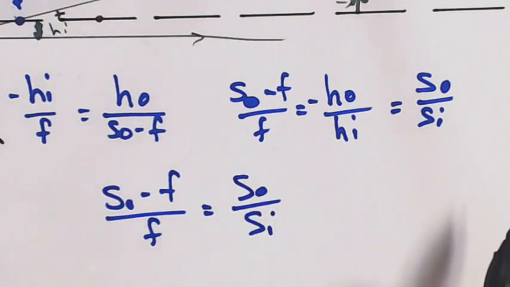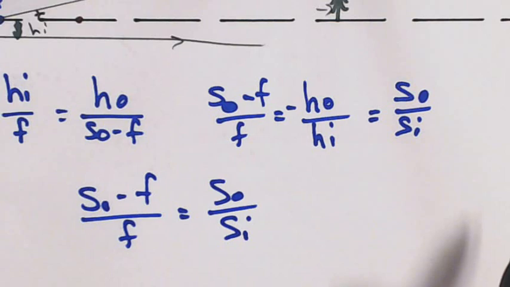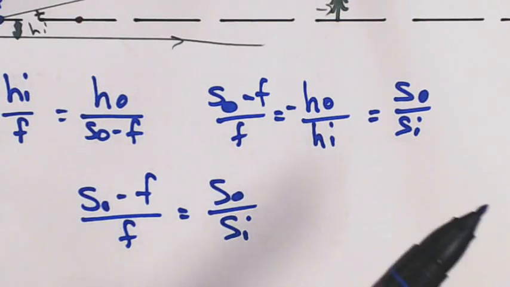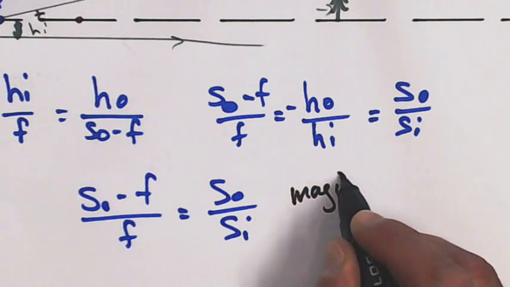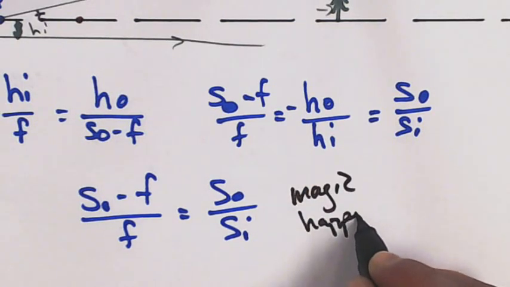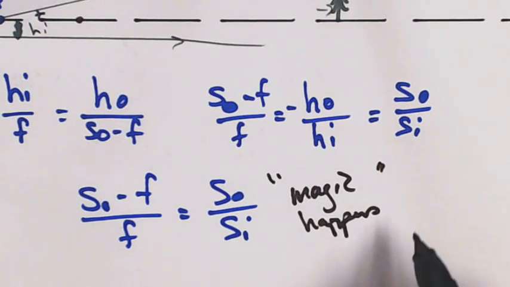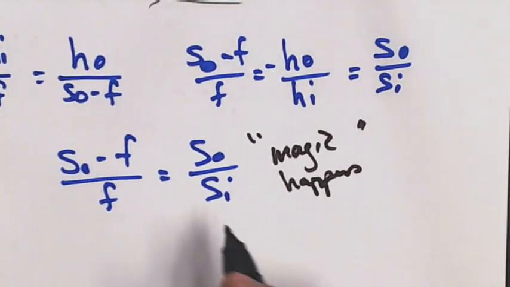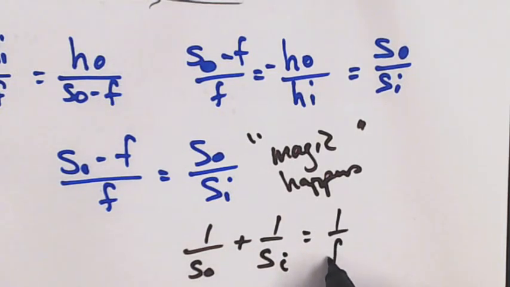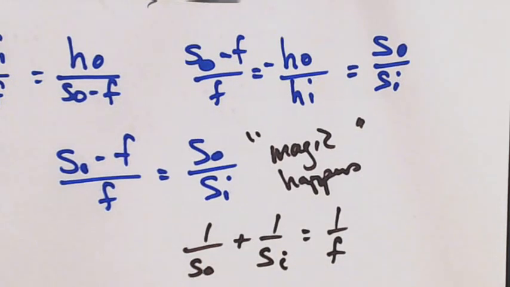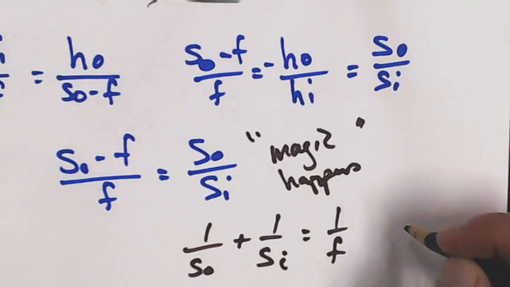Now, if you want to do some algebra, you can, or as one of my favorite things to do, magic happens. And then you end up with 1 over the distance to the object plus 1 over the distance to the image is 1 over the focal length. And this is your mirror equation.